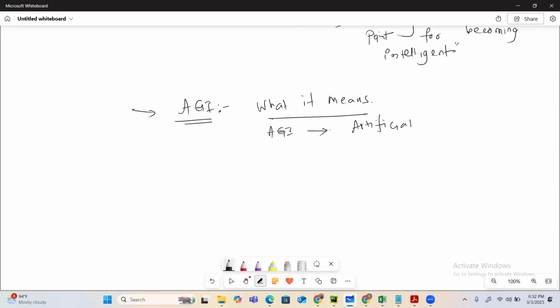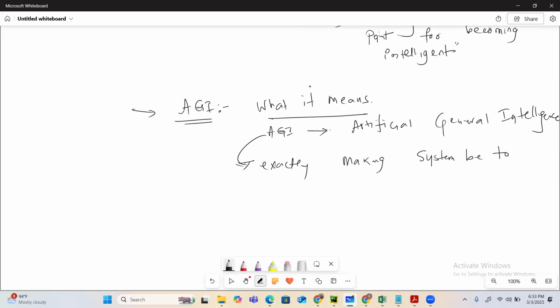It means making a system as intelligent as a human.